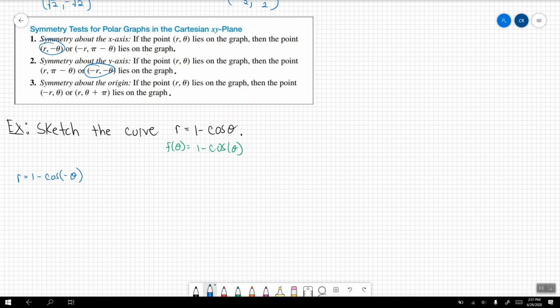All right. Now, there is one thing that we know about cosine. Cosine is an even function, which means cosine of negative theta is the same thing as just cosine of theta.